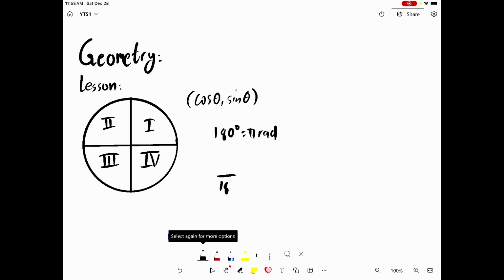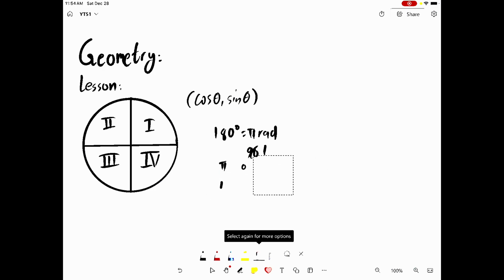I divide that by 180 and multiply by pi. So pi by 180 times the degrees is equal to the amount of radians. If we do 90 and 180, they cancel to 1 and 2, so 90 degrees is equal to pi over 2 radians. It's pretty simple, and I just wanted to say that.